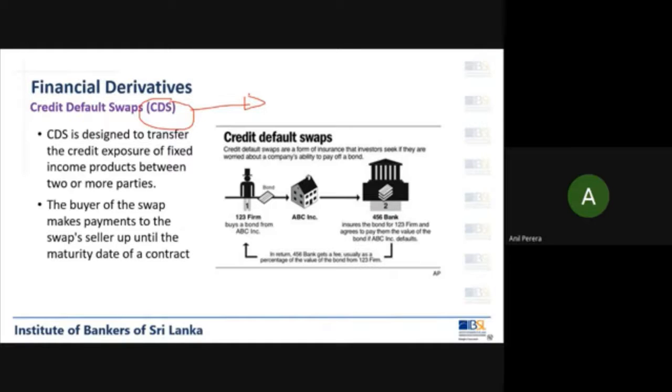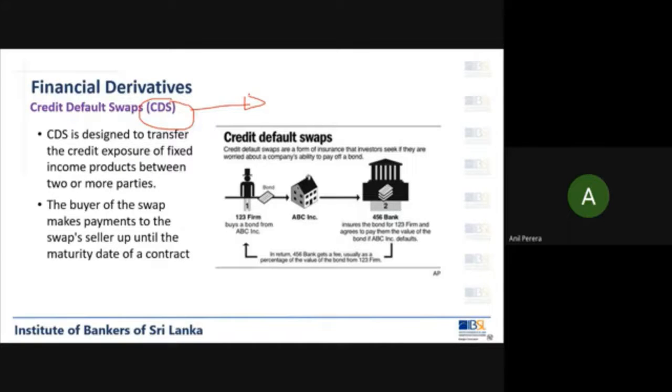These are designed to transfer the credit exposure of fixed income securities between two parties. Fixed income securities means bonds, right? So when you have a bond, the bond prices change. Remember, due to interest rate changes or any default, there is a risk on a bond.